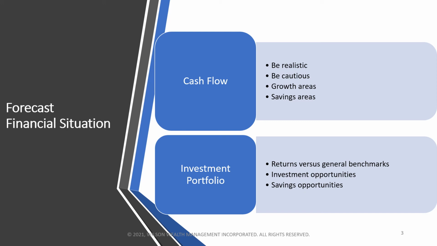On the investment portfolio side, again, you want to look at, what's my portfolio done? Where am I? Am I averaging like 3% per annum when a balanced benchmark is averaging 8%? So are there opportunities there for my investments?